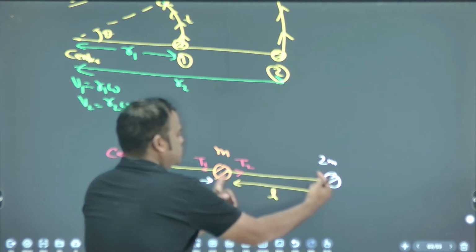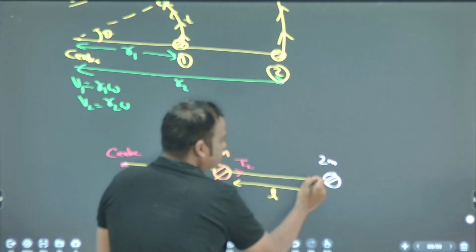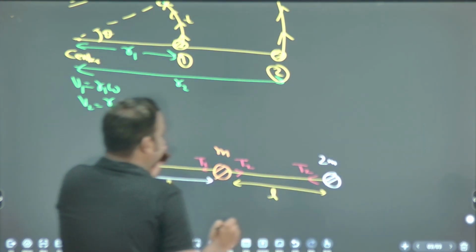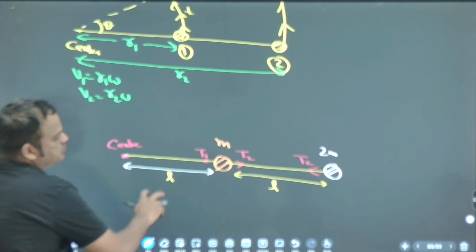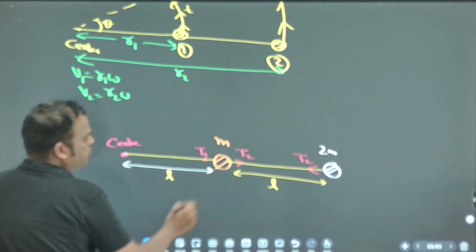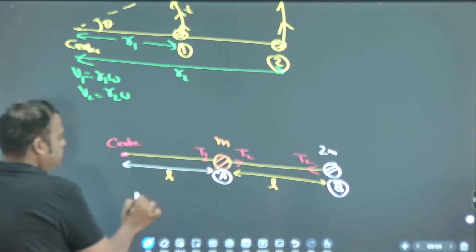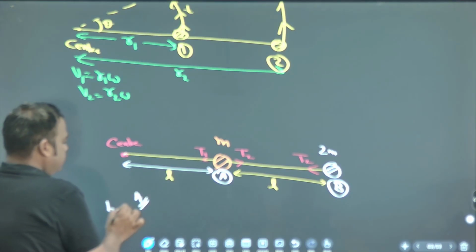This string is pulling M here, and the same string will pull to the left. So tell me what you write for M. Ball A, you can call it ball A, this is ball B. For A, what do you write?